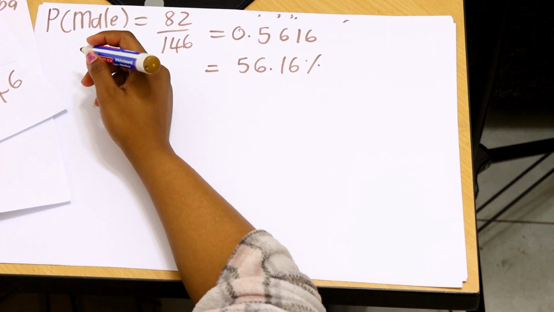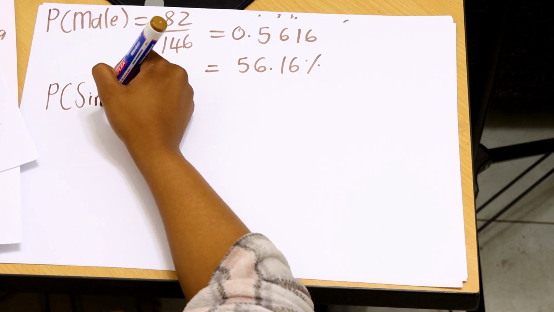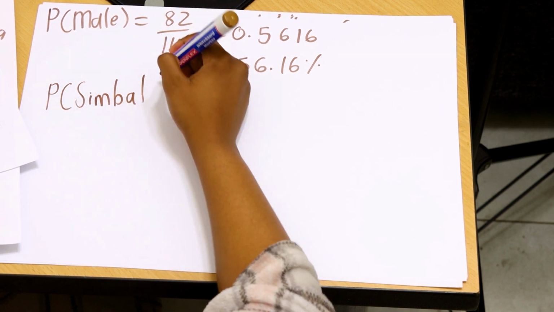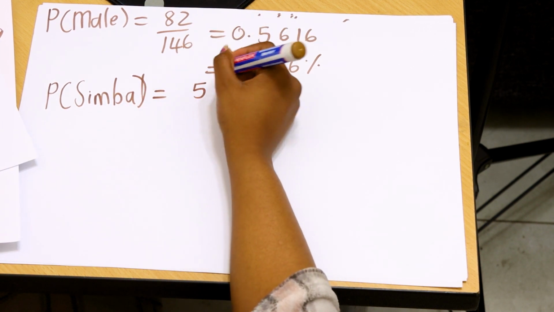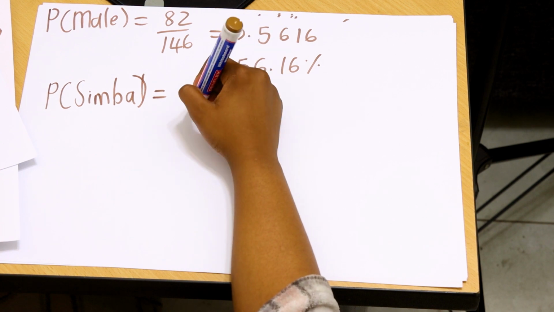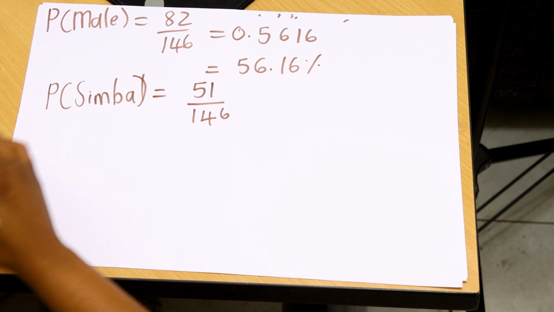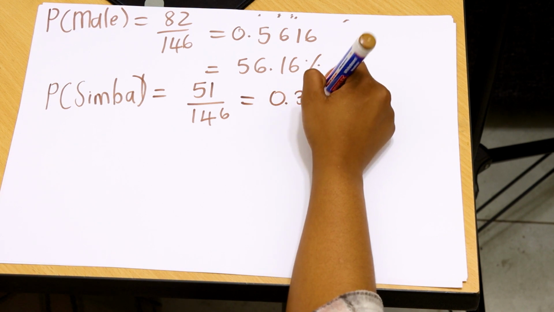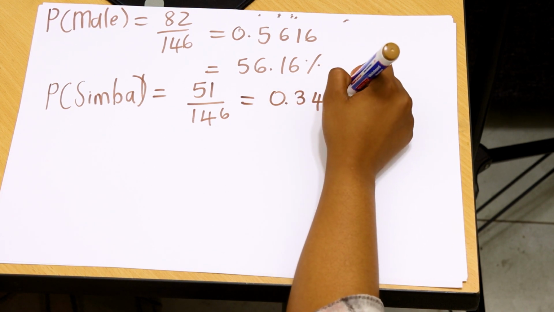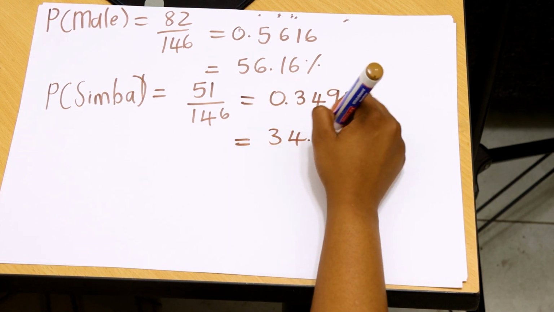So the probability of somebody preferring Simba is 51 over 146. This is 0.3493, which again is 34.93%.